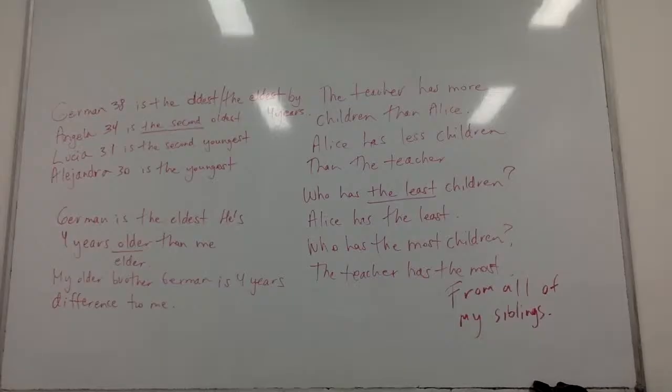You can't say me 45. That's horrible English. You can't say, oh, me 45. I'm 45. So my older sister is 47. I'm 45. What else? My younger sister is 42. Good, excellent. My younger brother is 40. Okay.